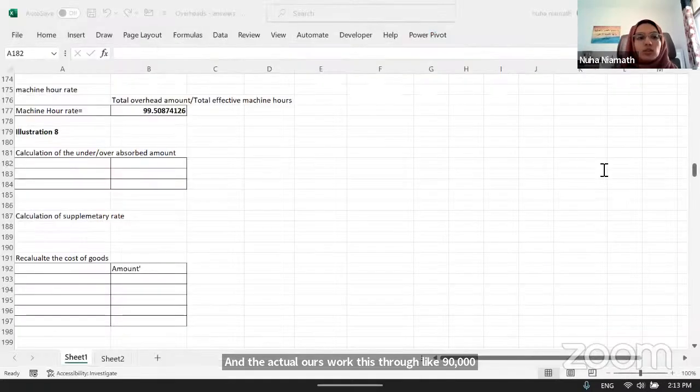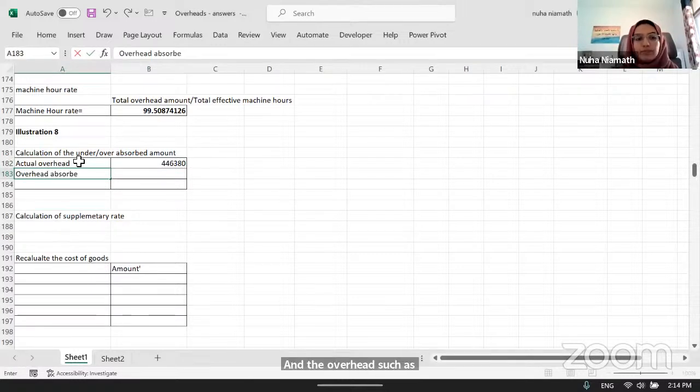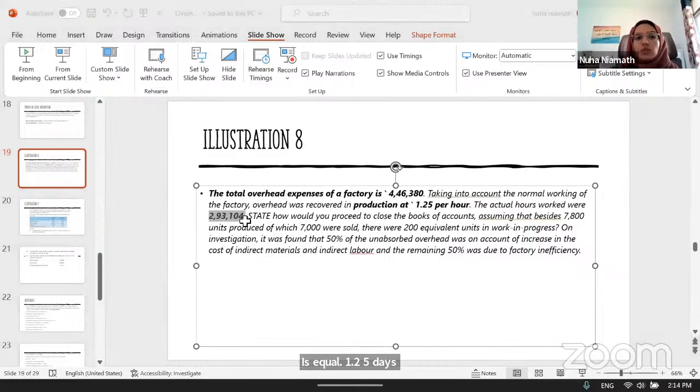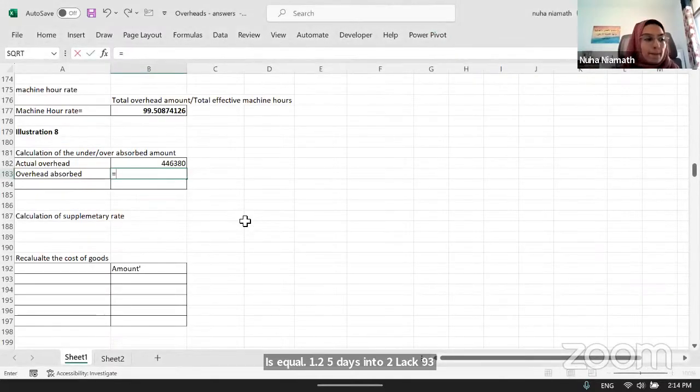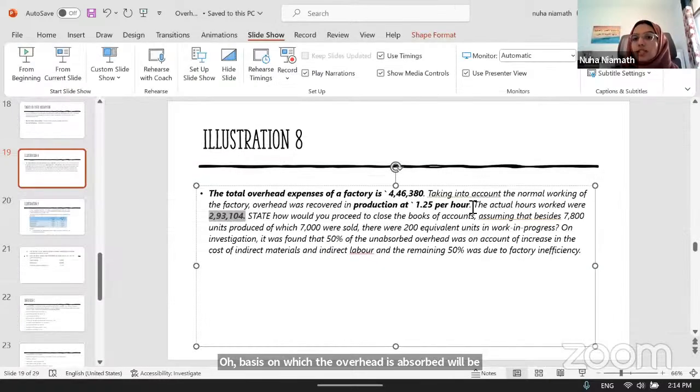Right? So if I go back to my solution, to find the under or over absorbed, let's look at what was the actual overhead. The actual overhead is given to be 4,46,380 rupees. And the overhead that is absorbed is equal to 1.25 rupees into 2,93,104. Is this clear how we calculated this amount? The basis on which the overhead is absorbed will be the predetermined rate. And in this question, 1.25 is that predetermined rate.